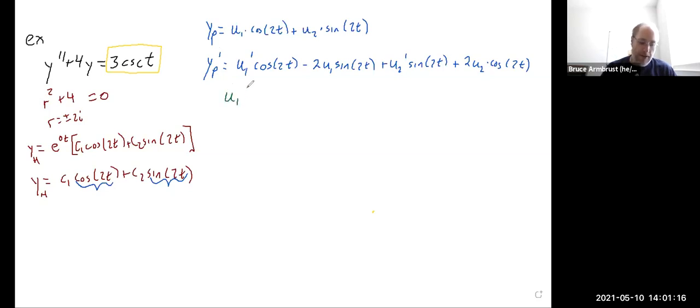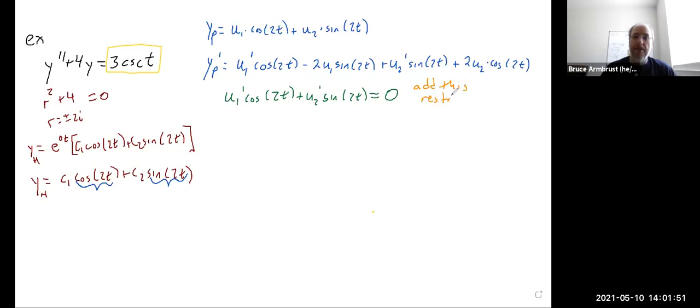I'm going to want the u1 prime times cosine of 2t, so this piece, and the u2 prime sine of 2t, that piece, I'm going to put on the condition that they equal 0. So there's nothing about this differential equation that suggested to do this or anything. I'm just doing it because I want to. So we're going to add this restriction.